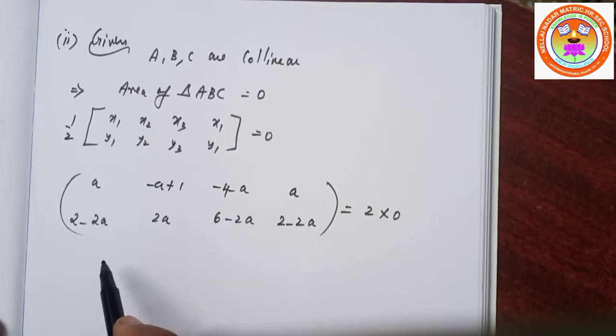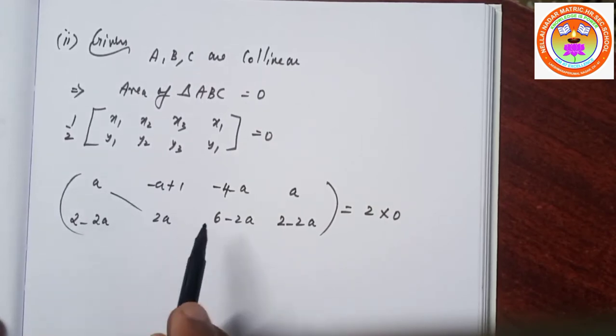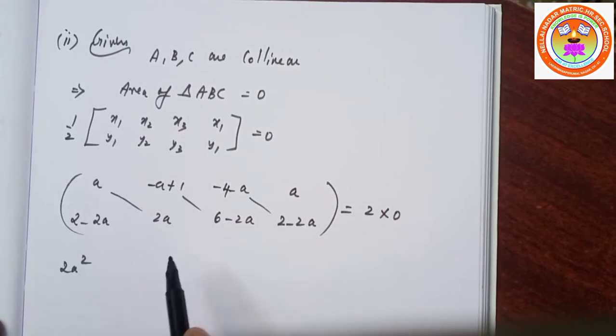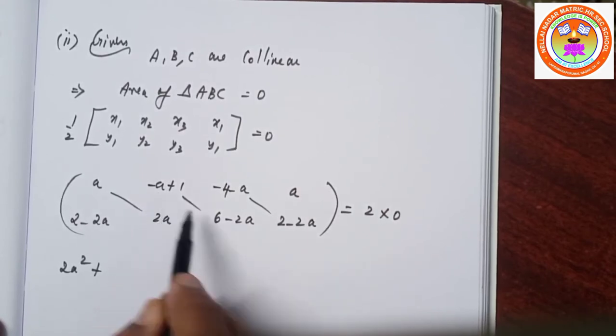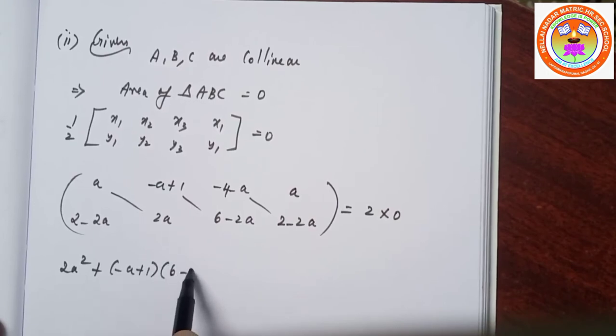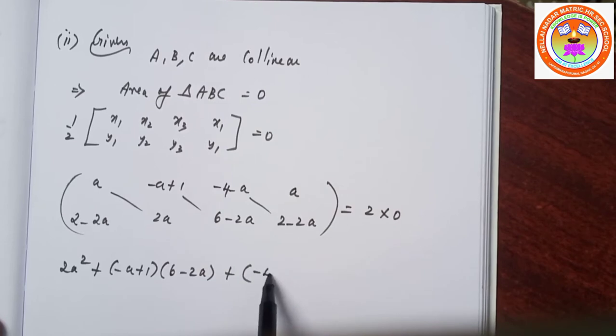Now multiply a into 2a, 2a square, put plus, multiply these two, minus a plus 1 into 6 minus 2a, again put plus, multiply these two, minus 4 minus a into 2 minus 2a.